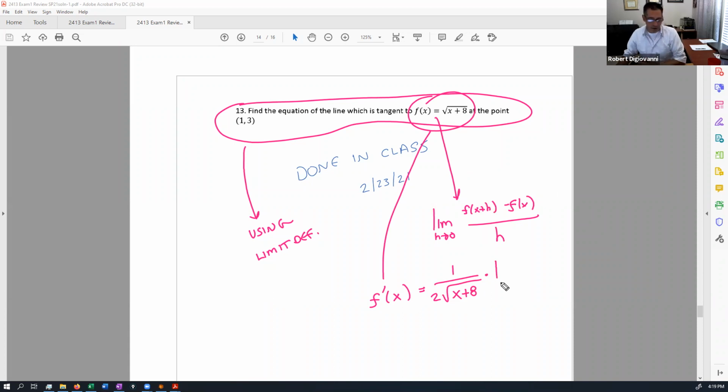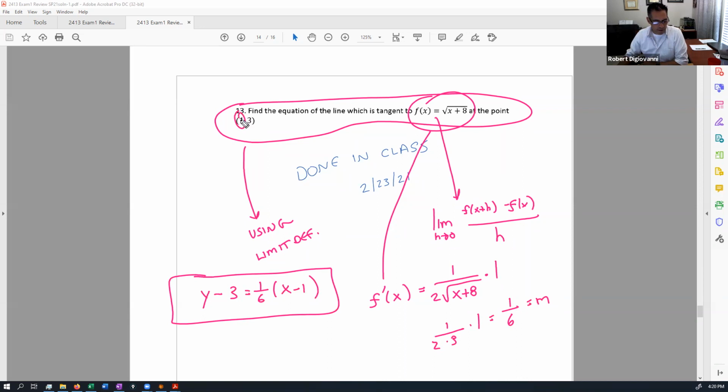So that's your derivative, and we want to plug 1 into it. We get 1 over 2 times the square root of 1 plus 8, that's the square root of 9, that's 3. So you should get 1/6. That's your slope. And so the equation of your tangent line should be y minus 3 equals 1/6 times (x minus 1).